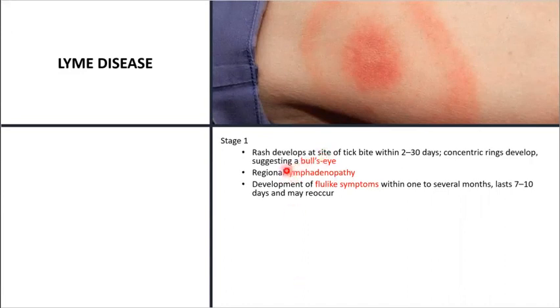And in stage 1, we're going to see a rash that develops at the site of the tick bite within 2 to 30 days. And then these concentric rings are going to develop. So we'll have these concentric rings that suggest a bull's eye. So that's going to tell you my client may have been bitten by a tick.